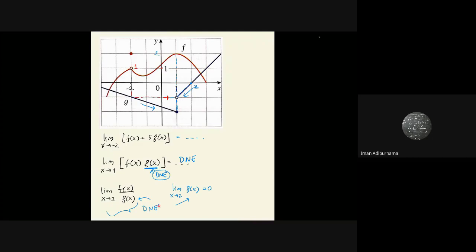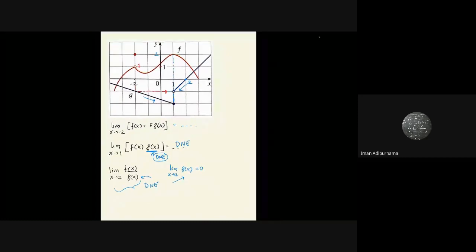And for this one, because the limit is 0, it will not exist. Because for f over g to work, g should not be 0. If not, it will not exist.